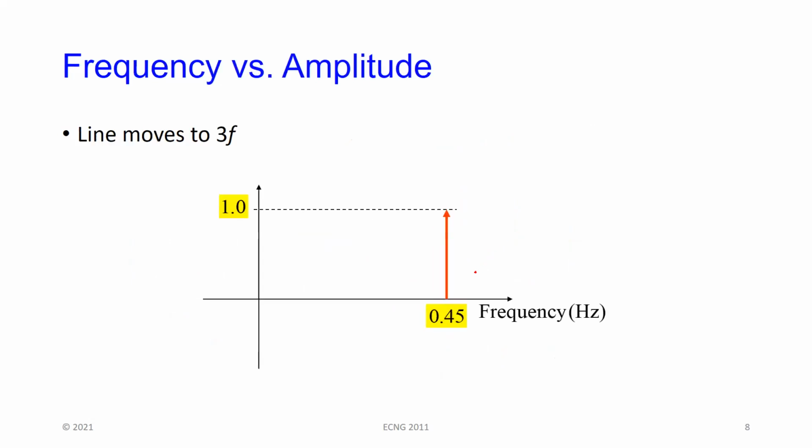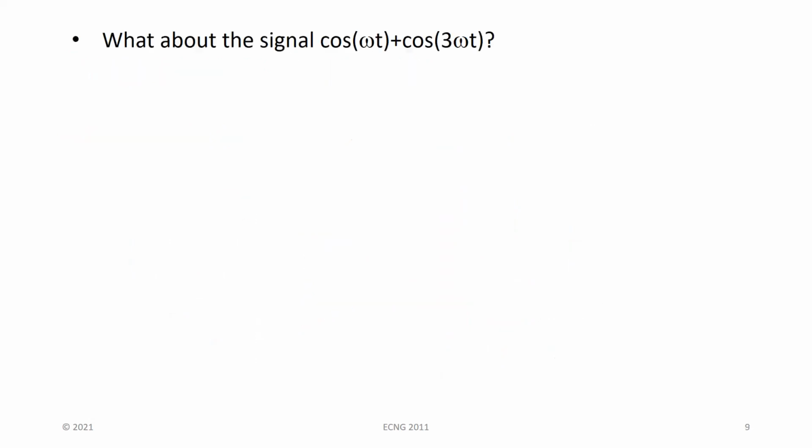It's 3 times 0.15, which is 0.45 hertz. So the original frequency line was somewhere about here, 0.15 hertz. And now it moves to 3f, which is 0.45 hertz.